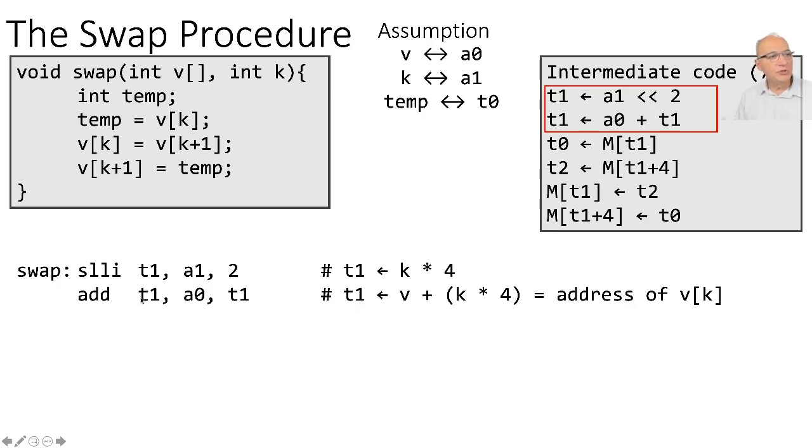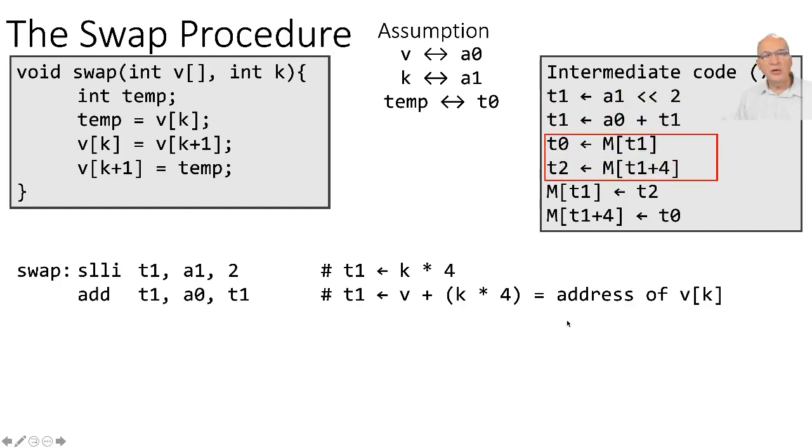Shifting left by 2 is the shift left logical immediate instruction, and then I have the add instruction. And notice that here on the right hand side, I keep in comments what my instructions are doing, because that will be much easier for me to understand my program when I come to revisit it later.